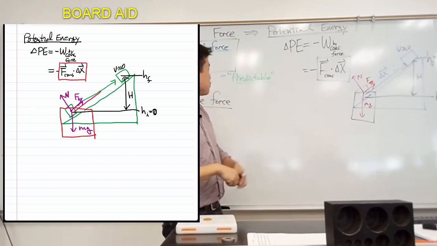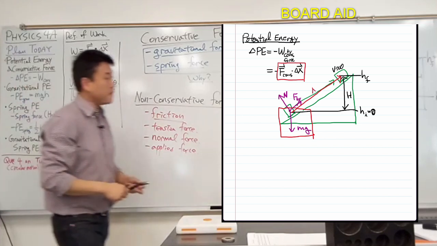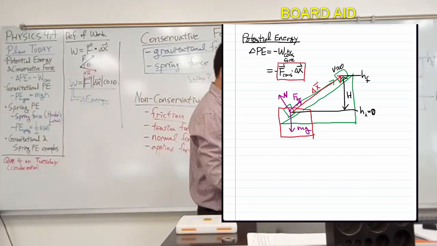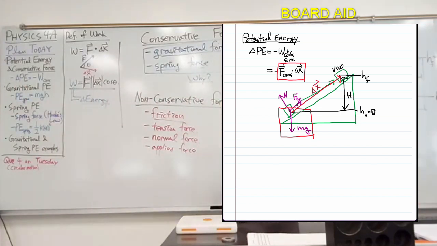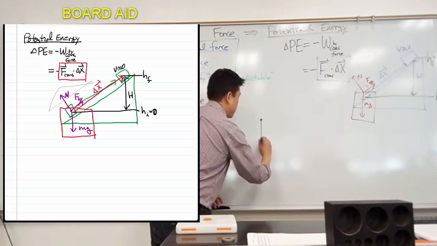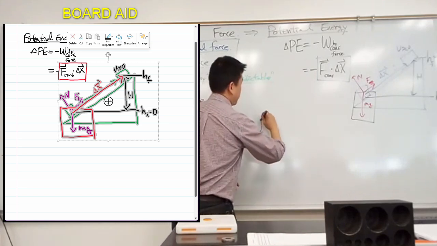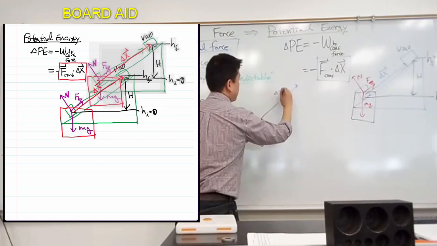Let's just try applying the definition here and see what we can get. To apply the definition, let me copy the figure into a clean area so that I can label things better. Gravitational force vector, mg, is downward. Displacement vector, it's going this way.